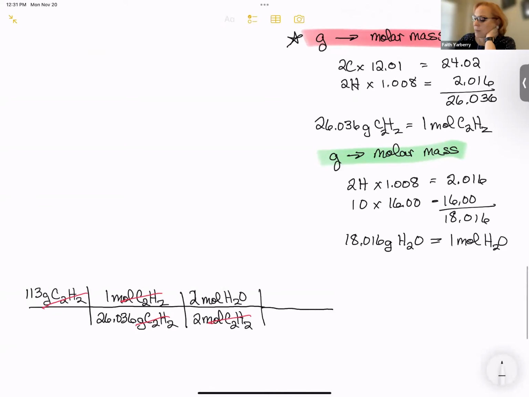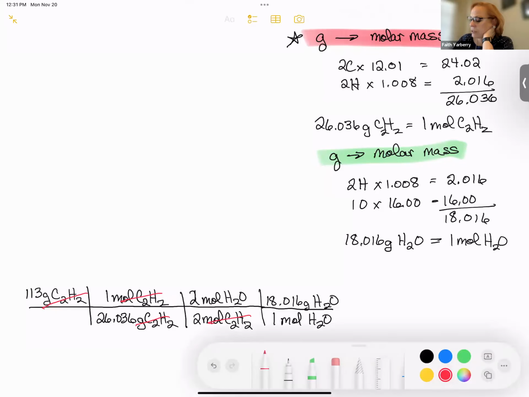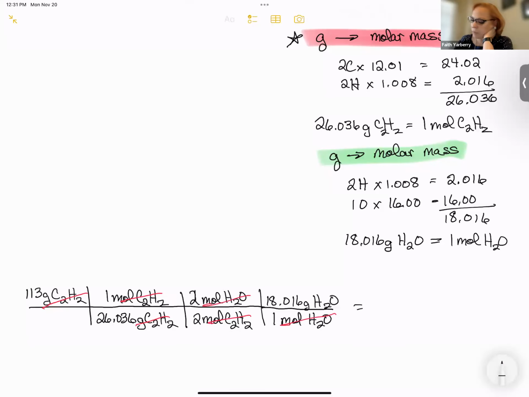But we needed grams of water, so now we're going to use our molar mass of water. The mole portion of the molar mass goes in the denominator, with the gram portion going in the numerator. The mole portion went into the denominator so that the unit and the substance cancel, leaving us grams of H2O, which is what we wanted to solve for.